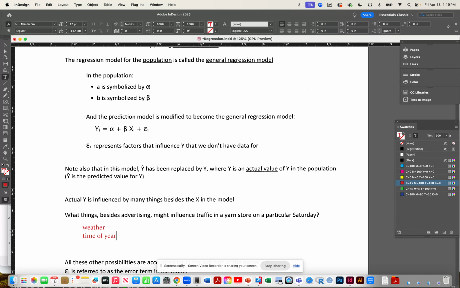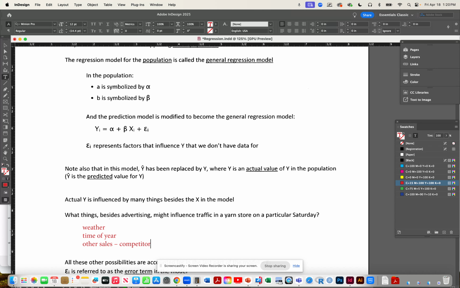Now, maybe if it's later in the summer or early fall, then yeah, that sale or that advertising might do more to influence traffic. And then another one would be other sales. Maybe other things are going on. Maybe a competitor is having a sale and it's better or something, or more convenient.